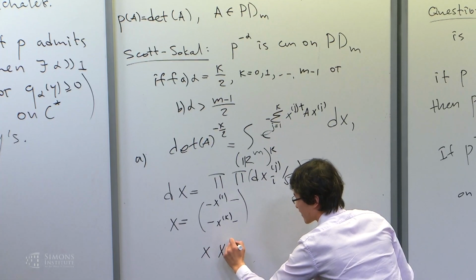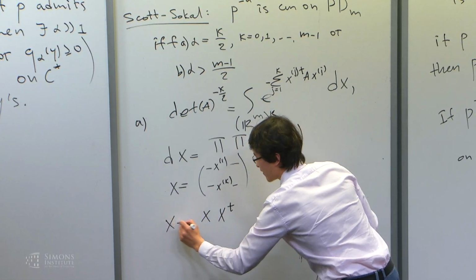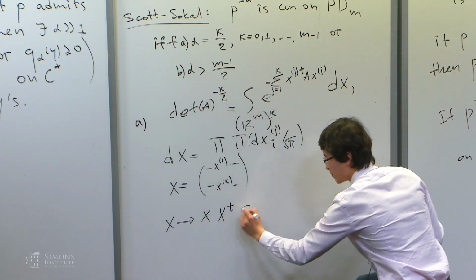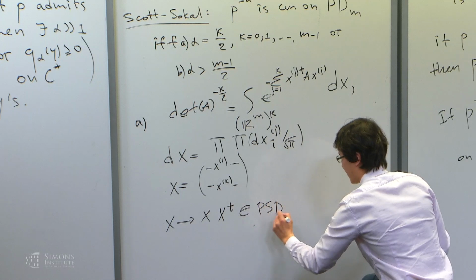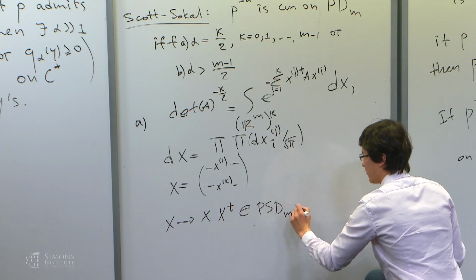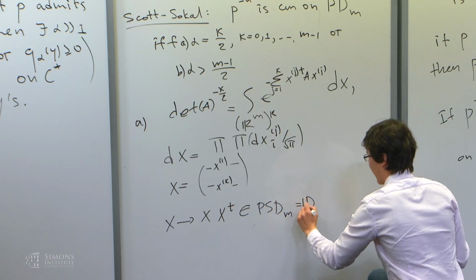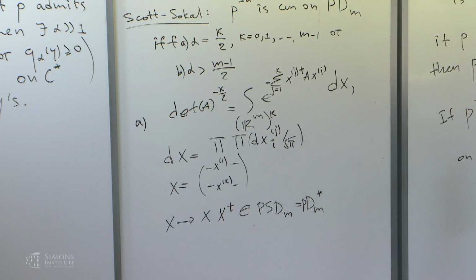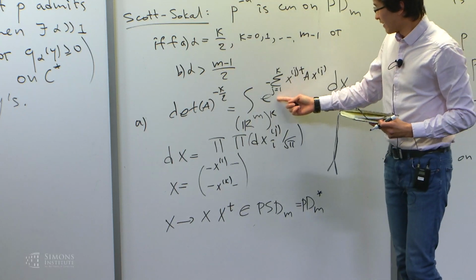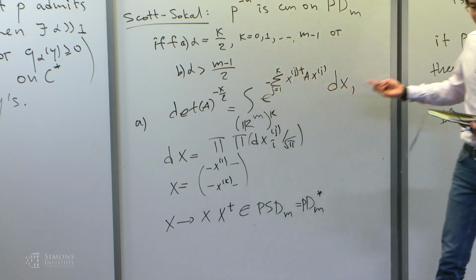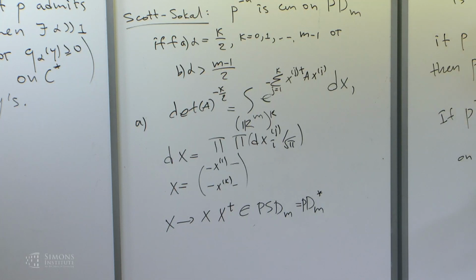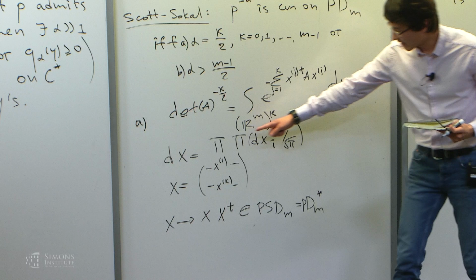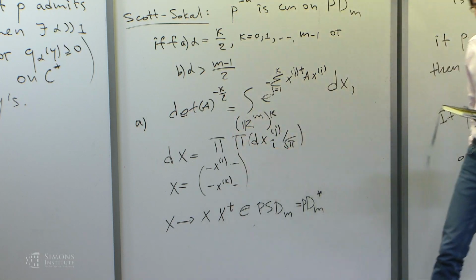So I consider this map from x to x times x transpose, and I end up in the positive semi-definite cone of size m, which is dual to the positive definite cone. Then this defines explicitly the measure we require, because the measure will be the pushforward of the Lebesgue measure dx through this map.